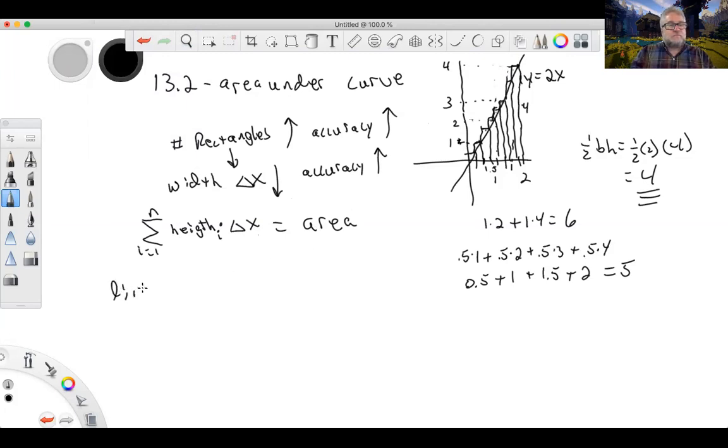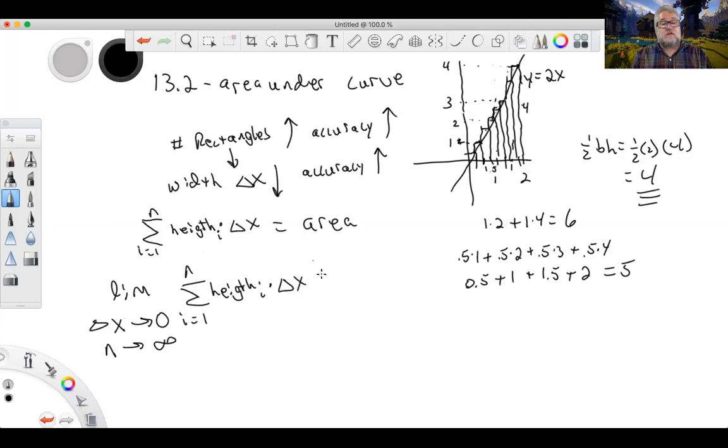But in the limit, as delta x goes to 0 and n goes to infinity, this summation, the height of the ith rectangle times delta x, ends up becoming an integral.